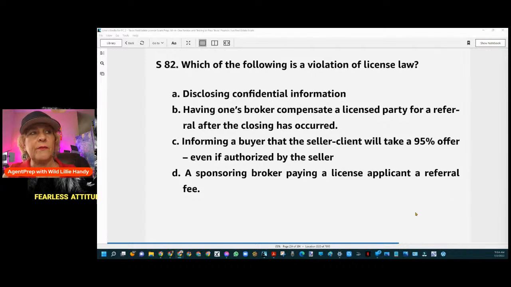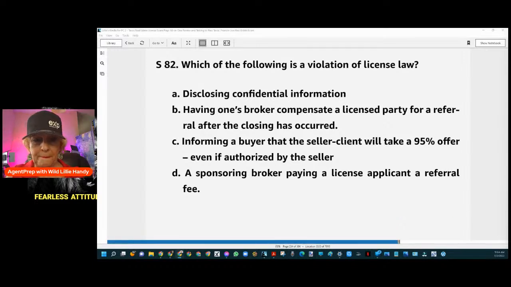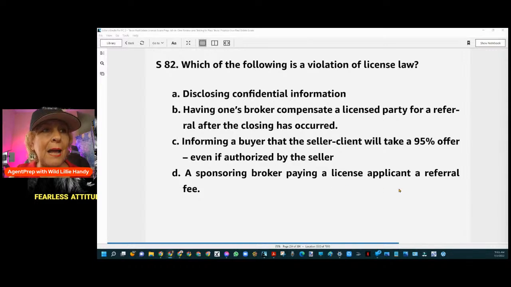We're giving it to a customer and we're not representing the other party, the seller. So anything that we know, we can disclose. So 82D. The keyword here was licensed applicant. An applicant cannot do that.